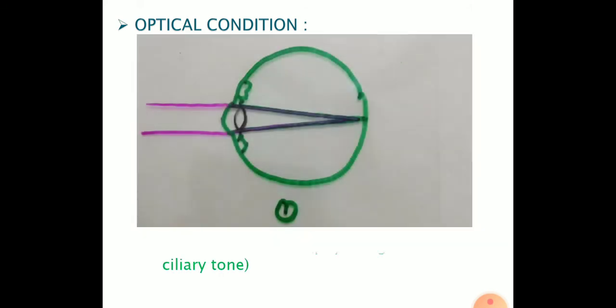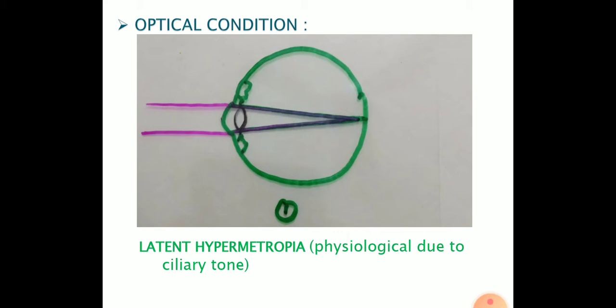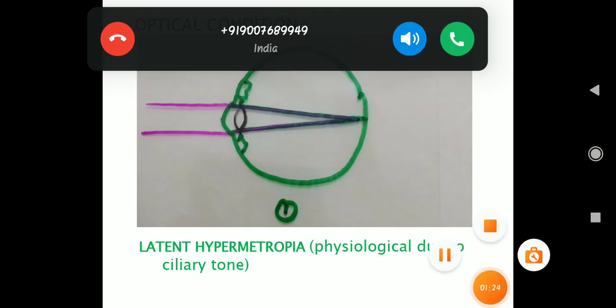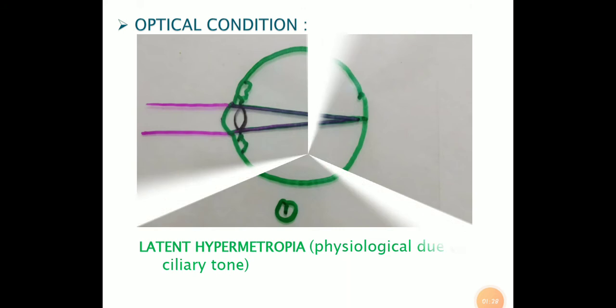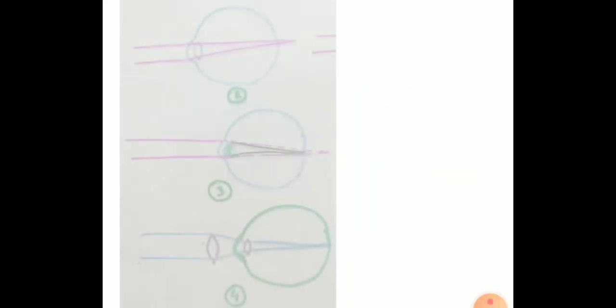Optical condition. Latent hypermetropia: that part of hypermetropia which is physiological, due to ciliary tone, and which is revealed after abolition of ciliary tone. Next is manifest hypermetropia.